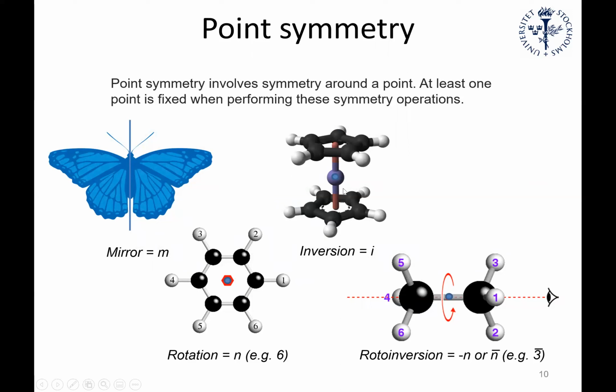Say you have a ferrocene complex where you have iron in the middle, and then you have two cyclopentadiene molecules on top and bottom. So this molecule has inversion symmetry. If you look at this carbon atom here, if you go through the inversion center, you'll find an equivalent carbon atom on the opposite side. So these two carbon atoms are related by inversion symmetry.